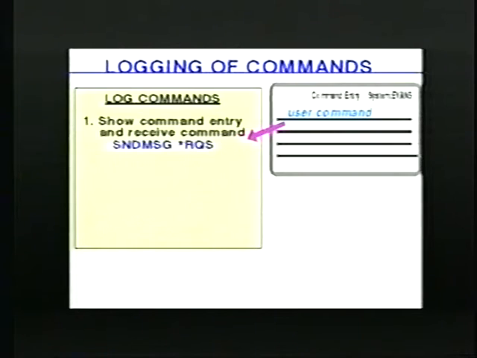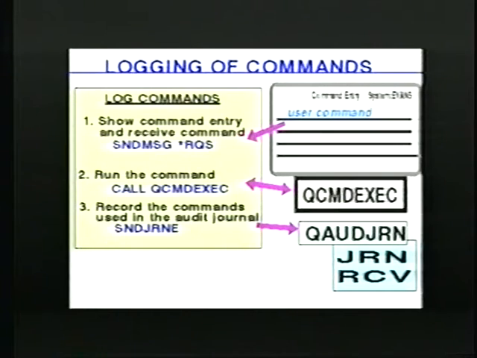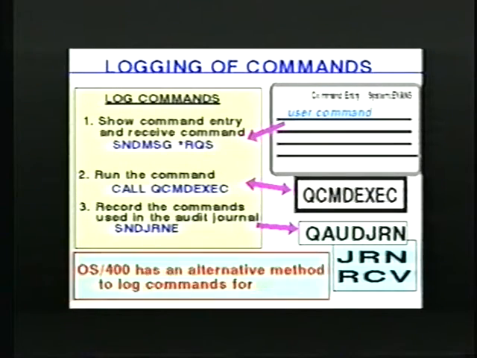Here is the actual functionality of the LOGCMD function. It shows the user a command entry screen, and you do this by sending a request message, and then you can execute the commands by calling the API QCMDEXC, but we're going to log what the user does, and this is through doing a send journal entry to the audit journal.